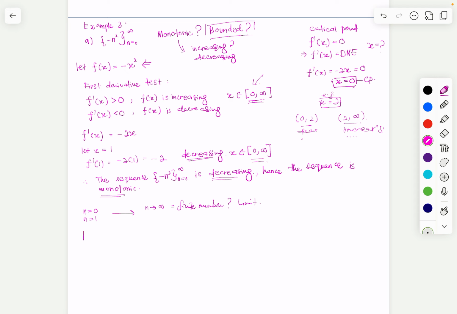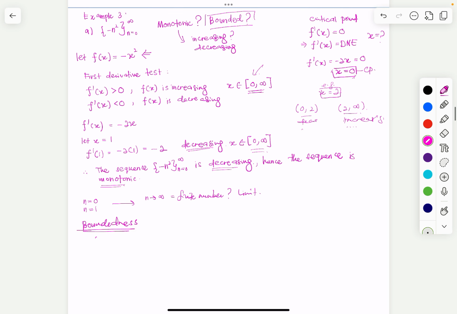To check the boundedness, the first thing we can do is to expand the sequence for just a few terms.